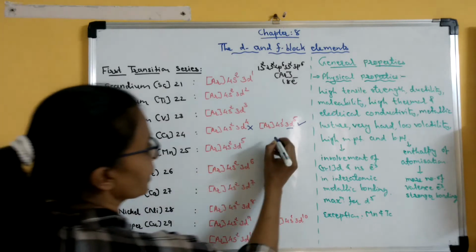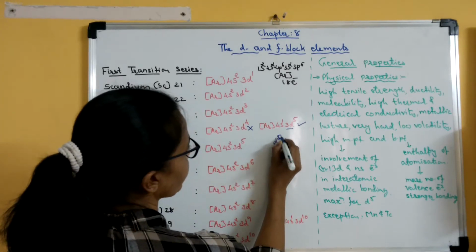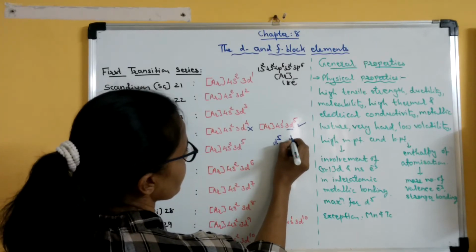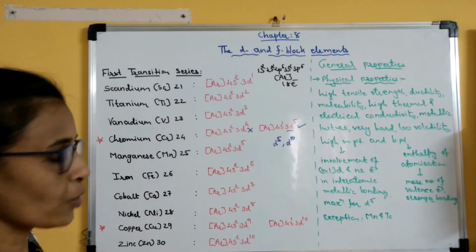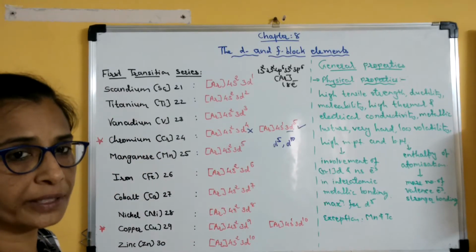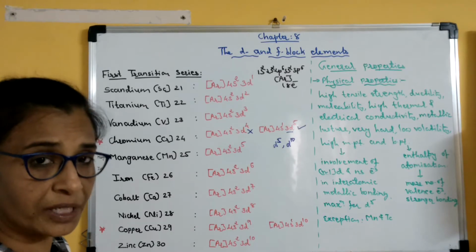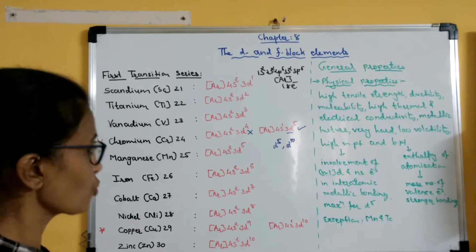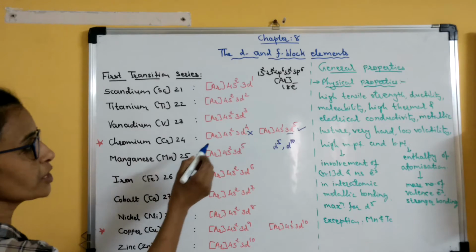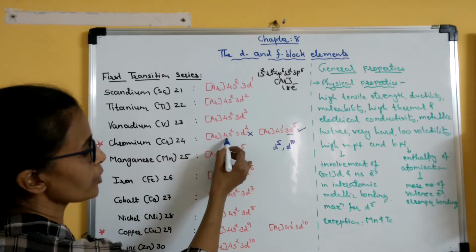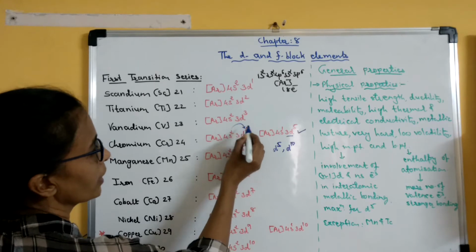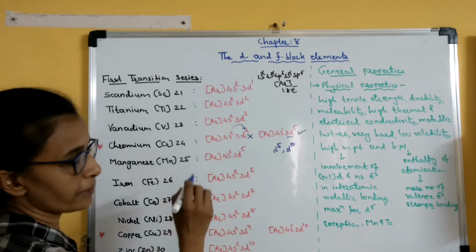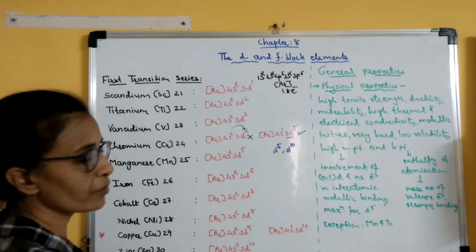We know that d5 and d10 configurations are stable configurations. So every system has a natural tendency to achieve stability whenever possible. So here for chromium, just by sending one electron from 4s orbital to 3d orbital, it can achieve stability by having d5 configuration.